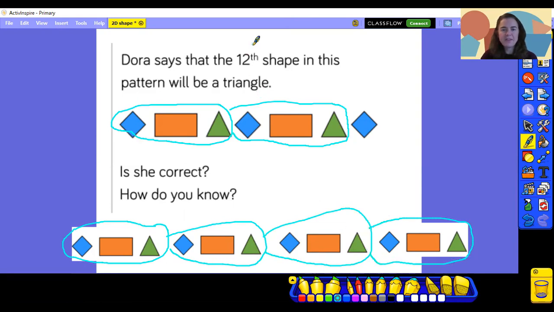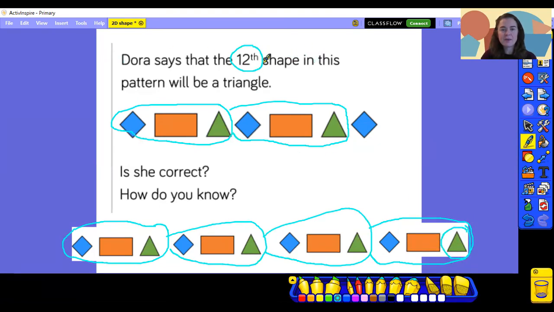Now we've got to find the 12th shape, so the shape that is 12th in the line. So let's count them. 1st, 2nd, 3rd, 4th, 5th, 6th, 7th, 8th, 9th, 10th, 11th, 12th. So the 12th shape is the green triangle.